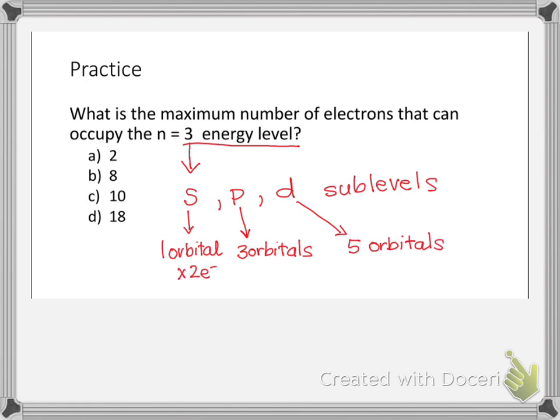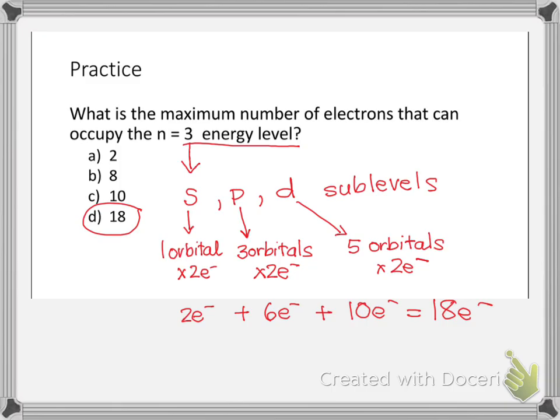And then each orbital has 2 electrons. So I have 2 electrons plus 6 electrons plus 10 electrons. So the third energy level has letter D, a total of 18 electrons.